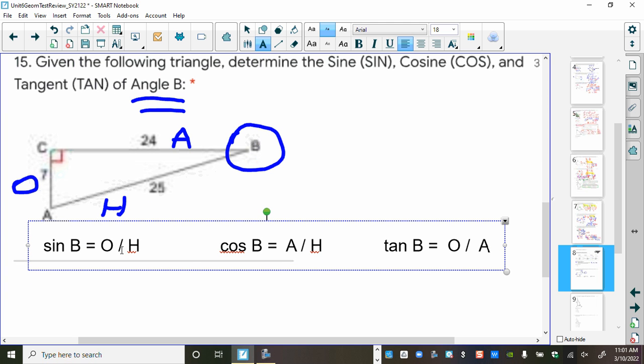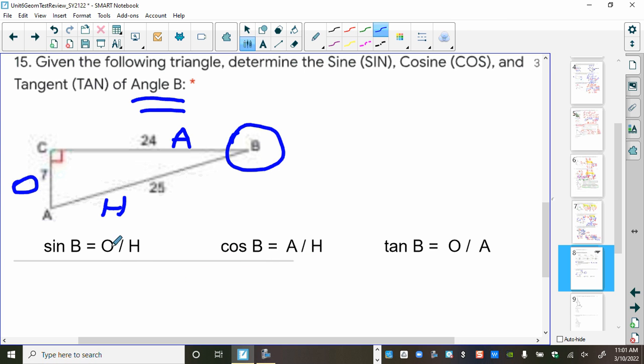So now, do we have enough information to find them? All you're doing is just replacing. So for the sine of B, what was our opposite? What number? 7, 24, 25? The opposite. 7. And then what was our hypotenuse? 25. What about cosine of B? What two numbers?